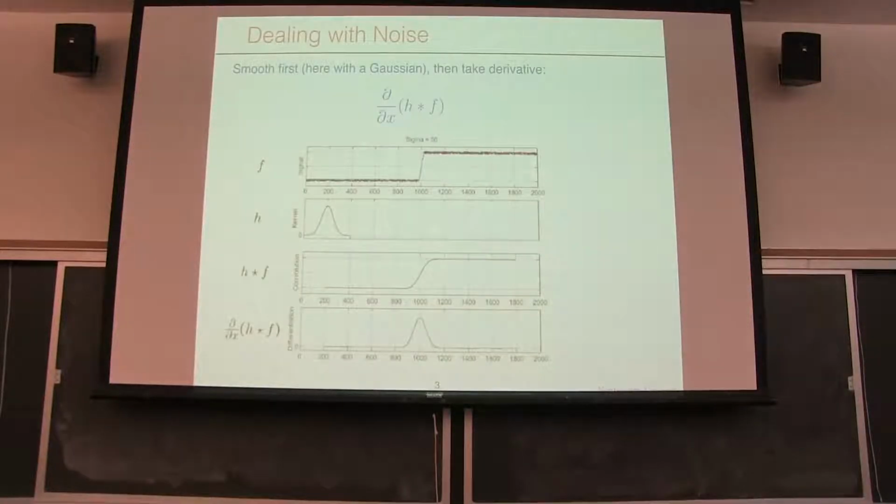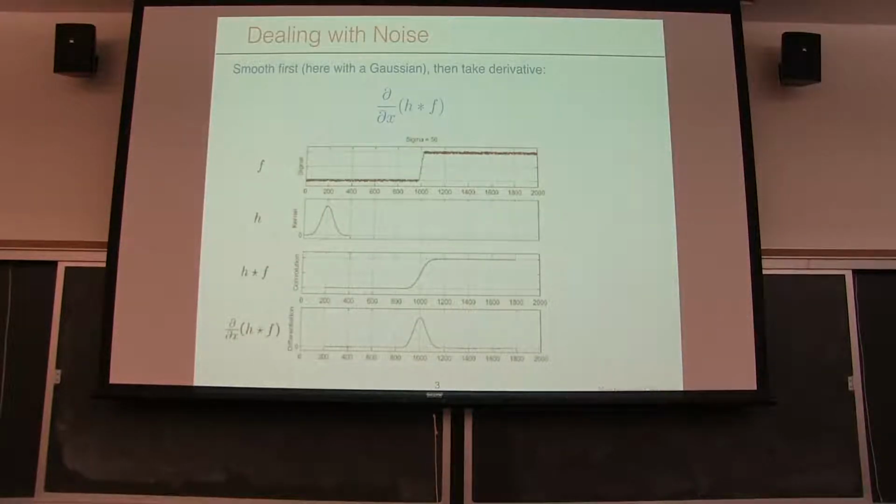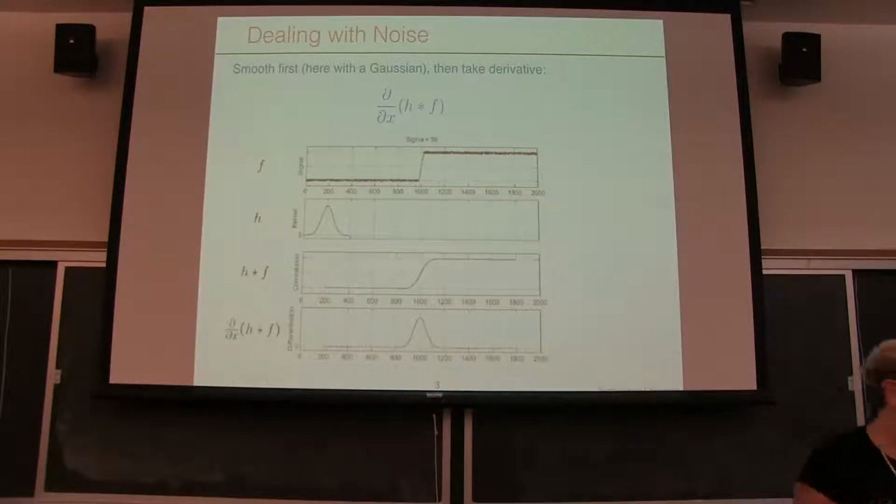So we also discussed the nice property of combining the smoothing with the edge detection. We saw that if you have a noisy signal, we should first clean it up and then apply the edge detector to find where the edge is, because otherwise the noise could overcome the edge and I wouldn't be able to see it.